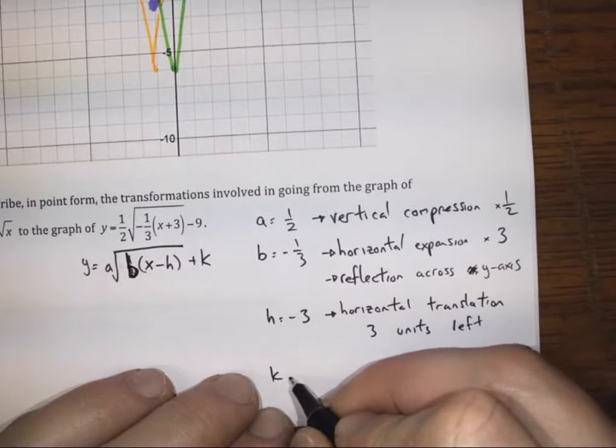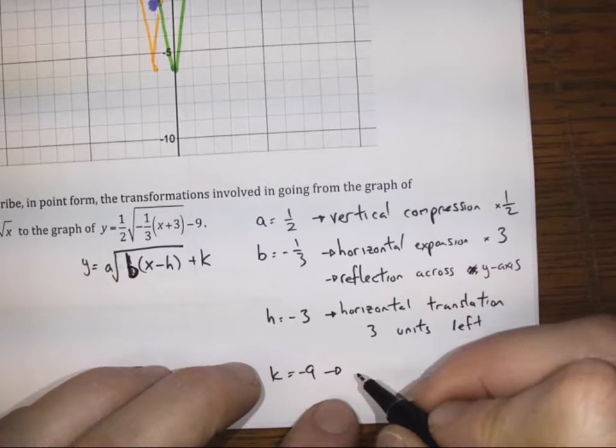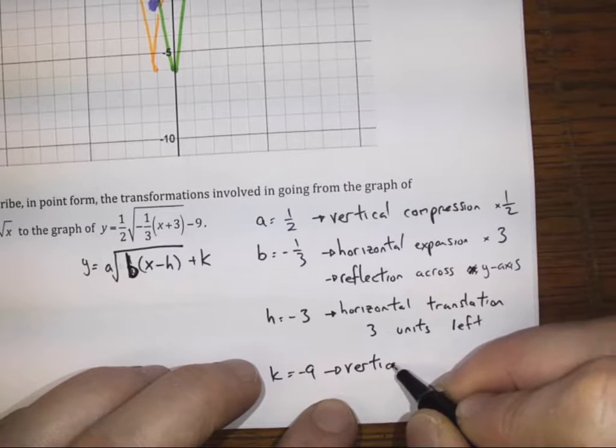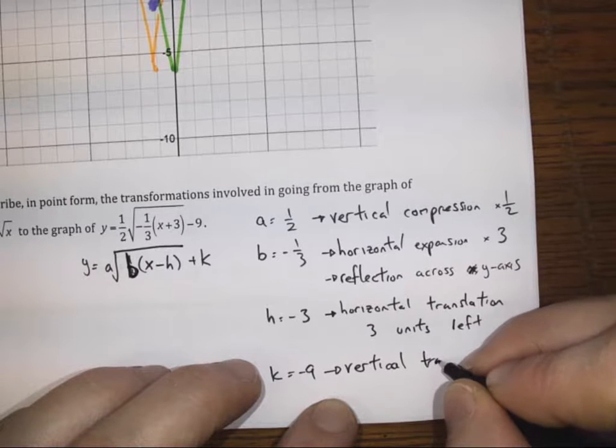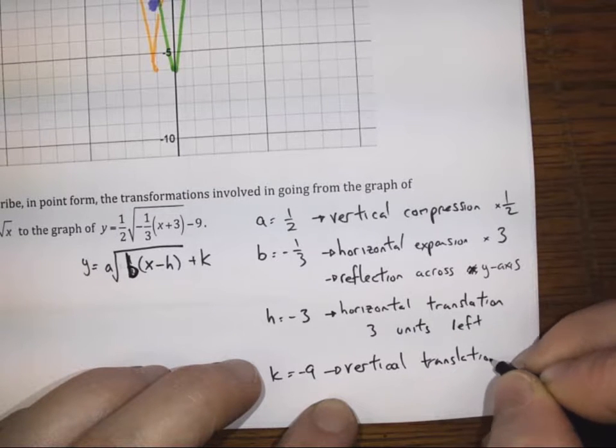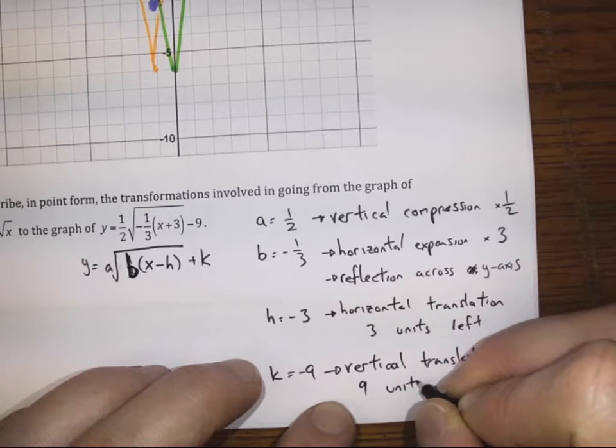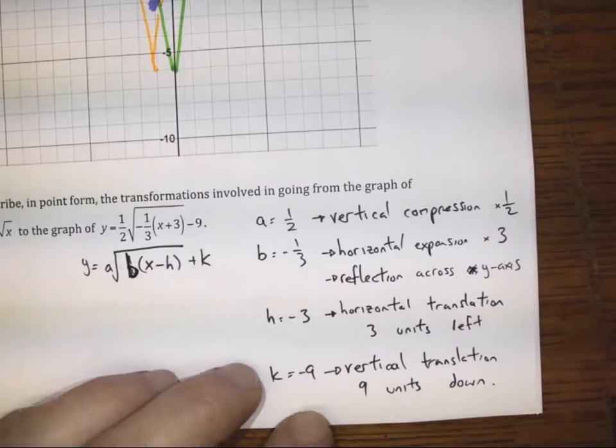And lastly, we have this k value, which is -9, which means we have a vertical translation 9 units down. Okay.